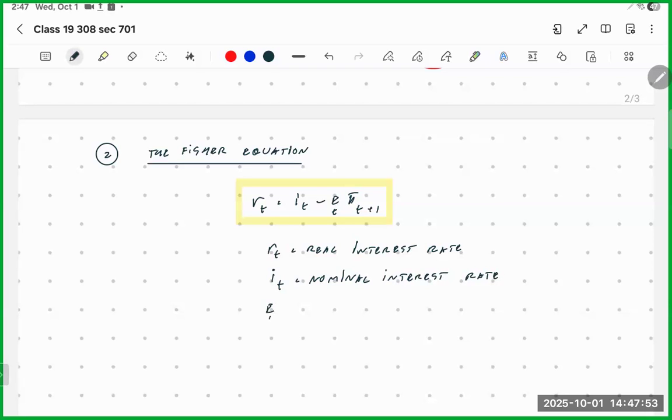E_t is expectation at time t. What people think today?